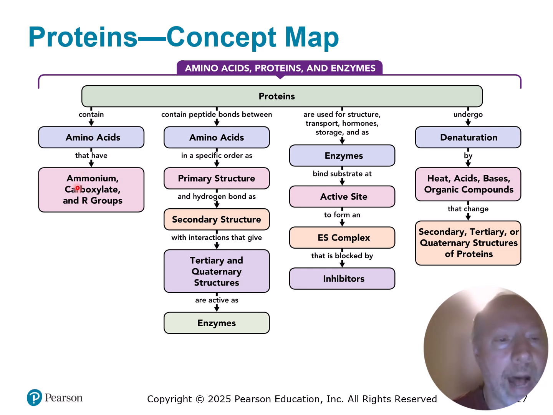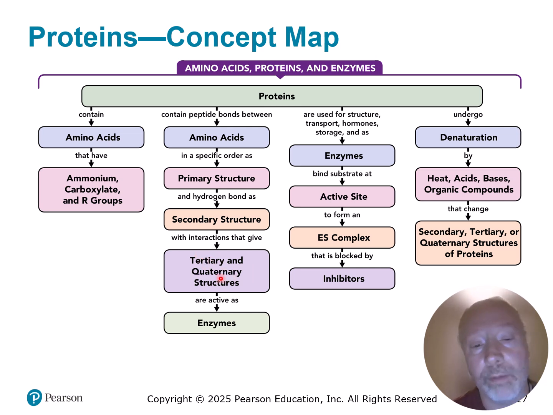They all have a monomer of an amino acid that has an ammonium group that's NH3 plus, or a carboxylate, which has a minus charge. Proteins contain peptide bonds between amino acids. They have primary structures, secondary structures from the hydrogen bonding that make alpha helices and beta pleated sheets. We have tertiary and quaternary structures. Tertiary structures come from R group interactions and disulfide bonds.